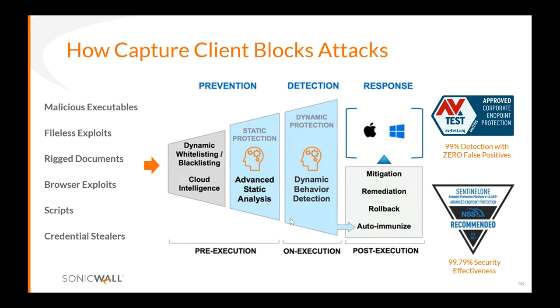Even if an attack or any advanced thing happens, in 99% of cases it will prevent the ransomware, and for the remaining 1% you will have the rollback feature also. Even if something happens, you can roll back to the last known good state, and this way you can recover the files.